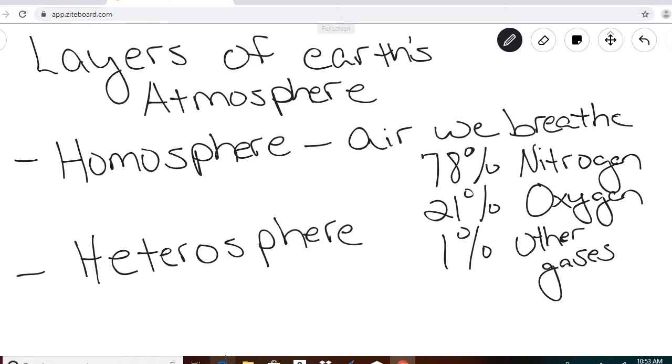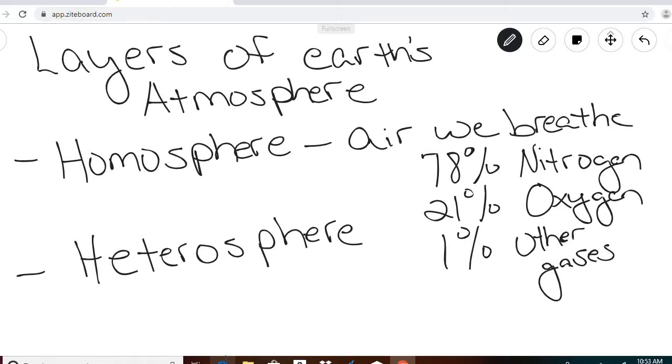Now, as you go to higher altitudes, we've already said that there will be less air, but the air that is there will still be 78% nitrogen, 21% oxygen, and 1% other gases.